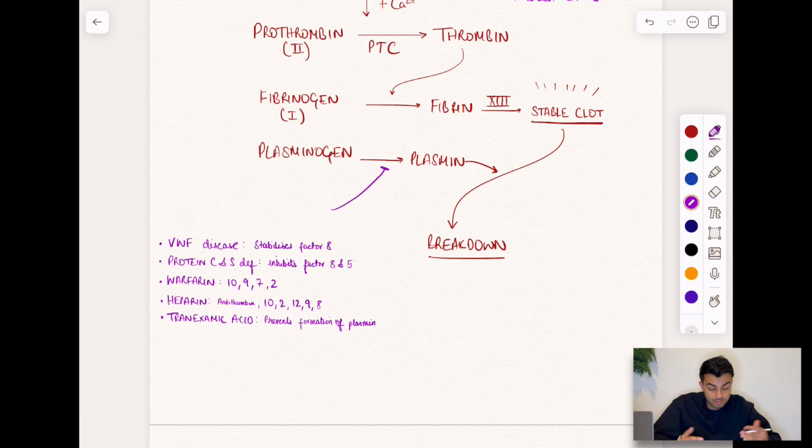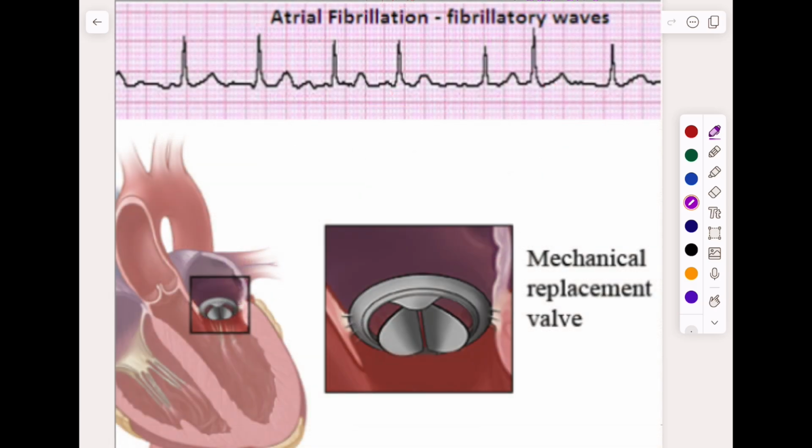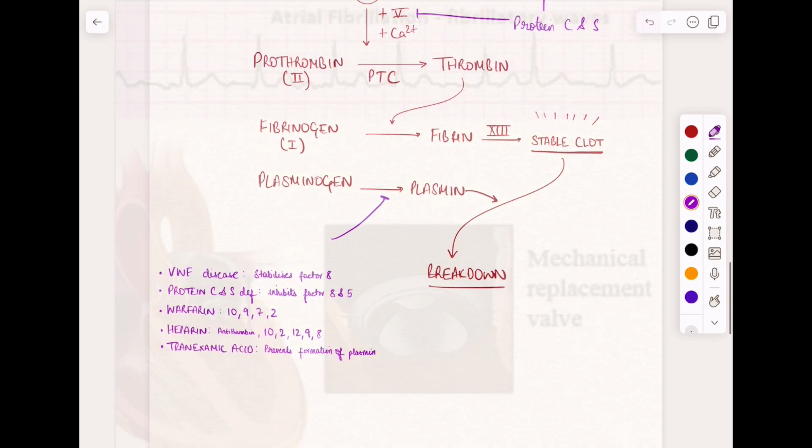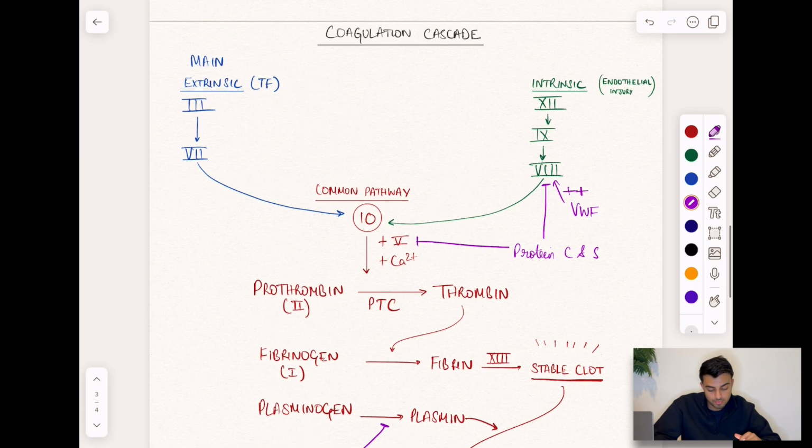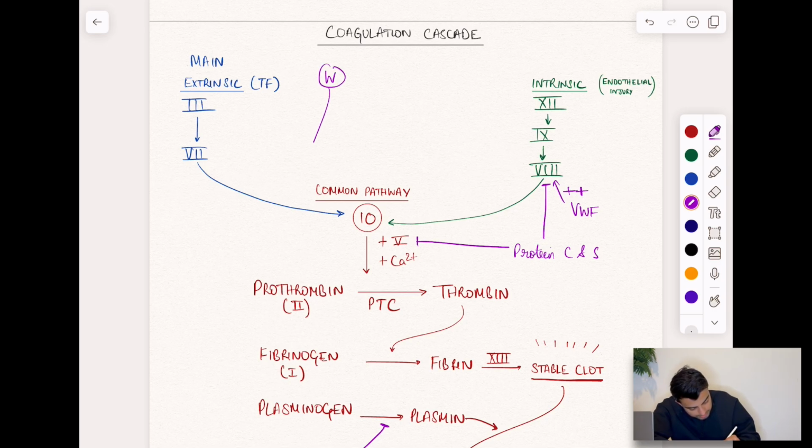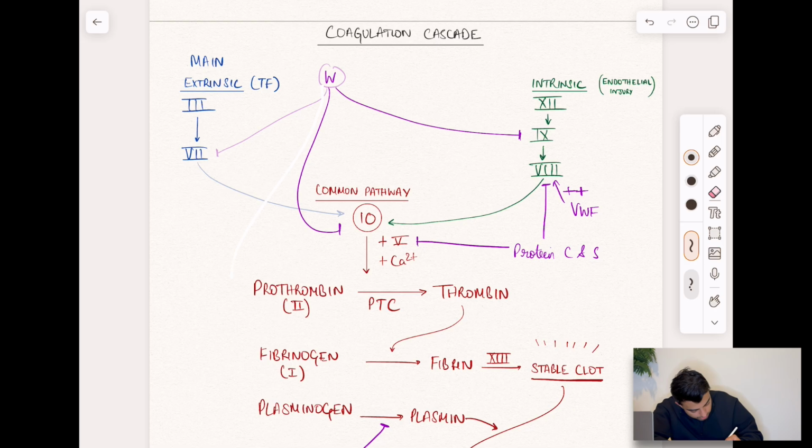Okay. The next is warfarin. Warfarin is a drug that thins the blood and is given to patients for many conditions such as AF and metallic heart valves. It inhibits factor 10, 9, 7, and 2. Okay, so warfarin inhibits factor 10, factor 9, factor 7, and factor 2.